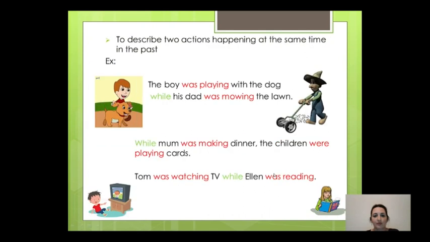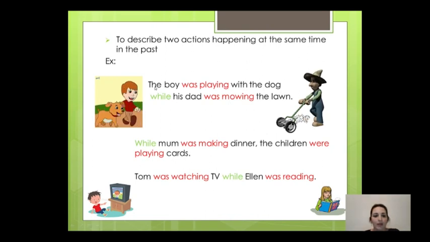Okay, let's move on. This tense is also used to describe two actions happening at the same time in the past. Dakle, ovdje govorimo o dve uporedne radnje koje su se odvijale duže u prošlosti. Te dve uporedne radnje, znači paralelno su se odvijale, nezavisne jedna od druge i obe se izražavaju past continuousom.